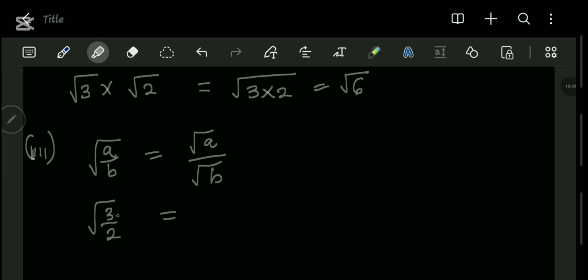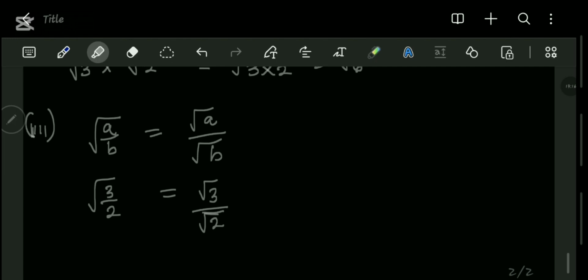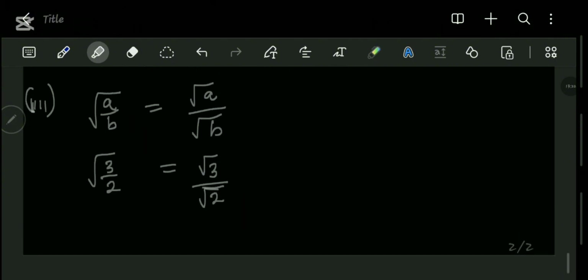So we split the numerator and the denominator. So we're having surd 3 divided by surd 2, right? So these are the 3 basic laws, right? There are other deeper laws that we're going to discuss while we continue this series.